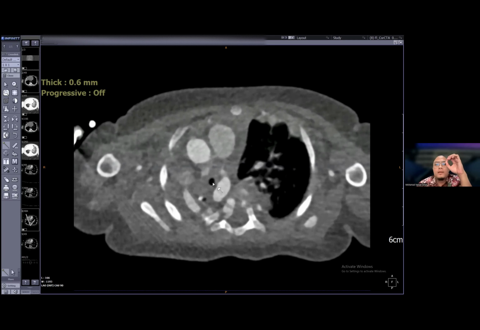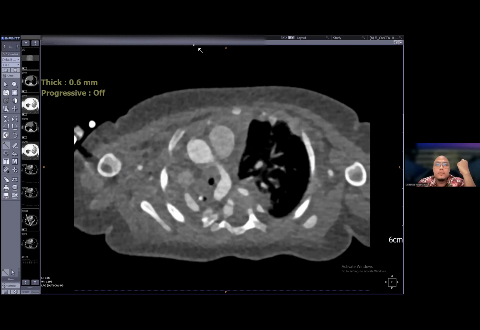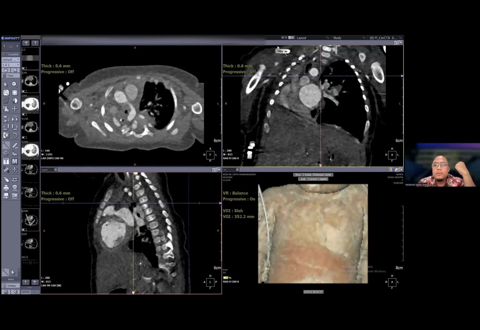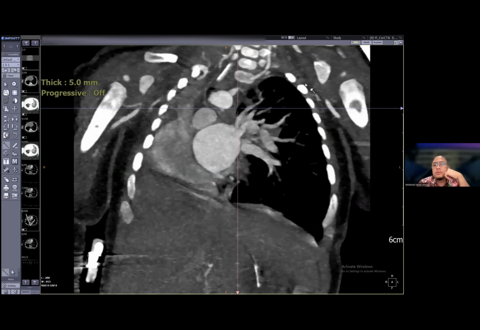Because if the patient only undergoes the surgery of the vessels, but the full cartilaginous trachea or tracheal stenosis is not released, the patient will have the same symptoms of airway disturbance. So this is the uniqueness of this patient. Then I will show the coronal. So as we can see here.